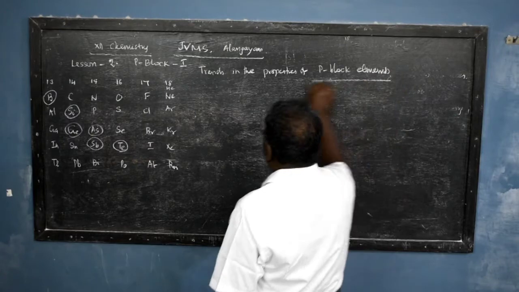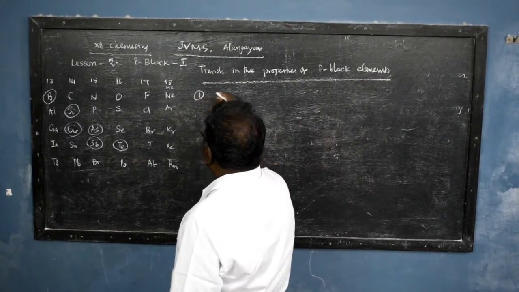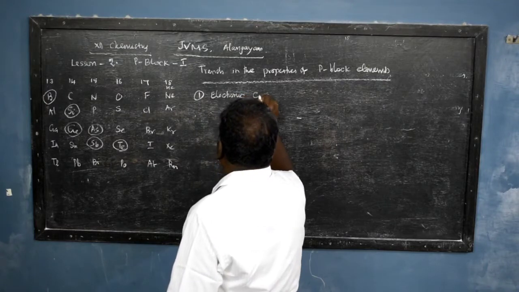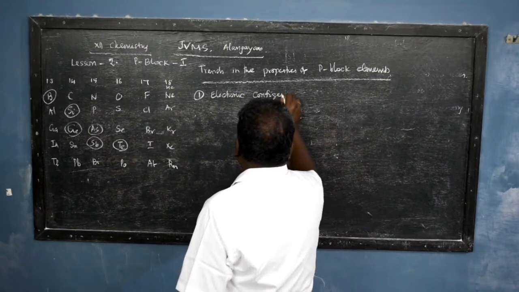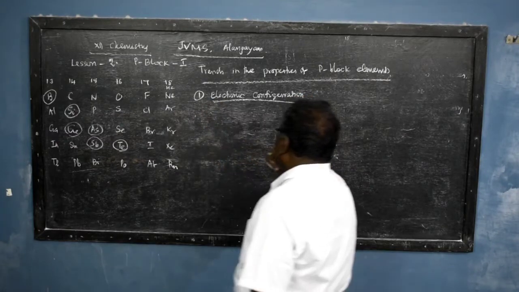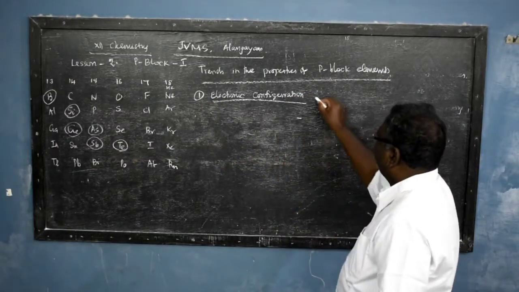The first property that we are going to take up is electronic configuration. Right? So electronic configuration and oxidation state.